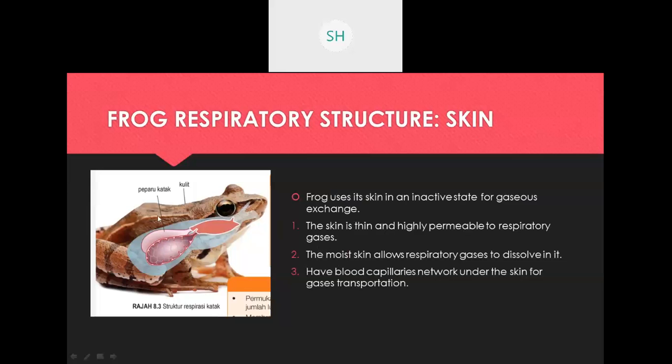The moist skin allows the respiratory gases to dissolve in it. Beneath the skin there is a network of blood capillaries for gas transportation, which increases the efficiency of gas exchange inside the body of the frog.